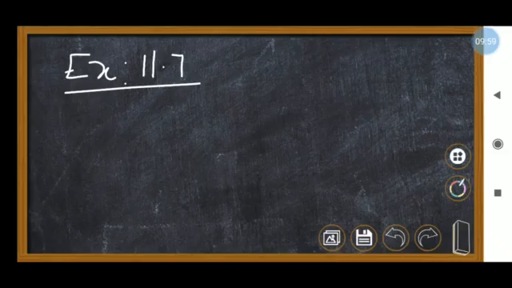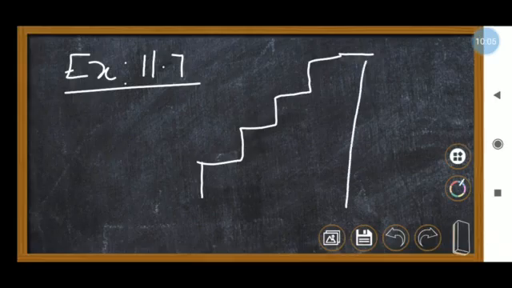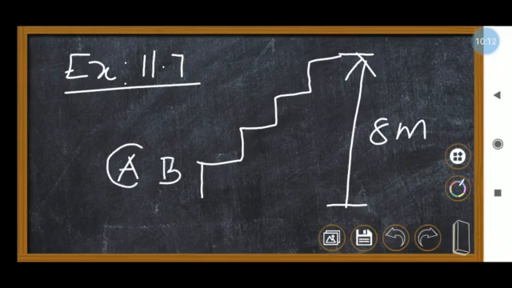First, just draw the free body diagram. This is the top position. The height is 8 meter. There are two girls, A and B, going to climb.